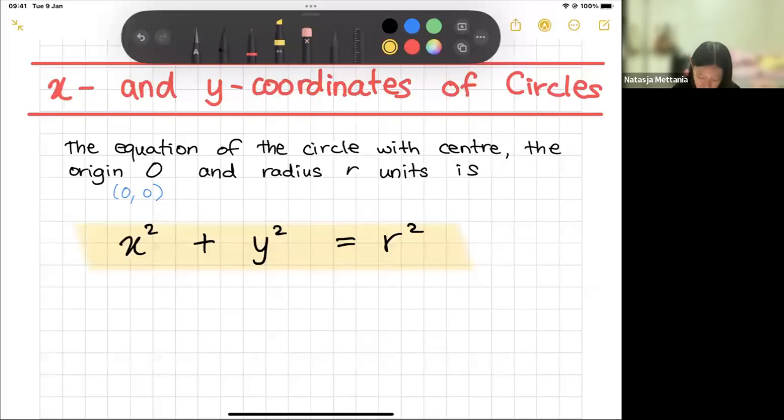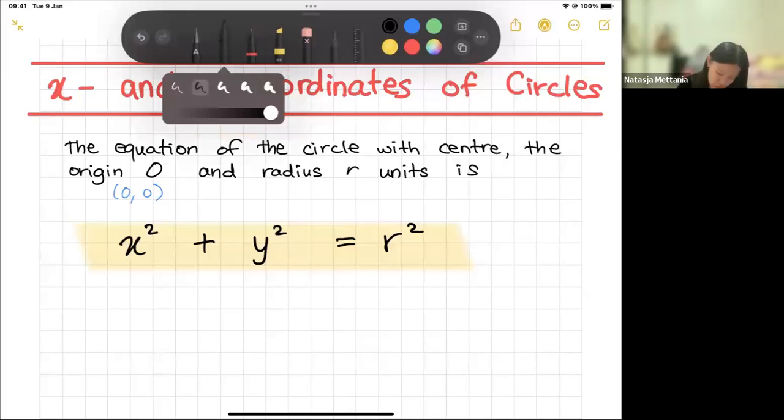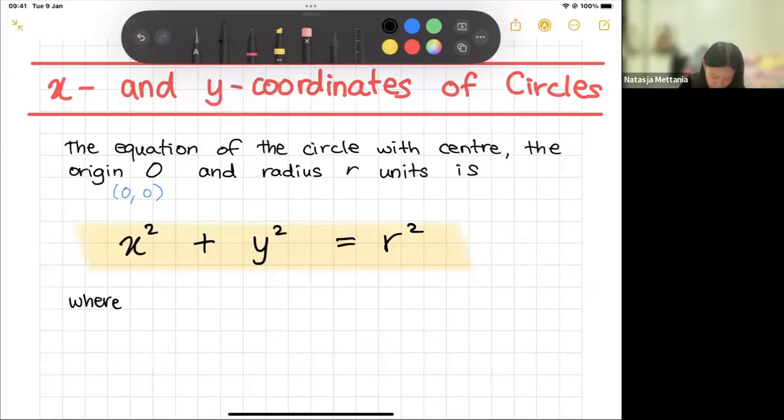Now, a couple of things. The x squared and the y squared are just my x and y values from a coordinate. My r, as you would have known, is the radius.